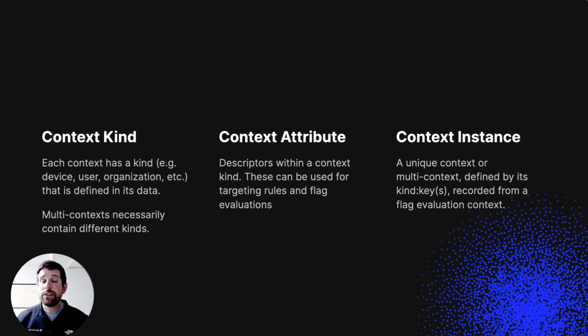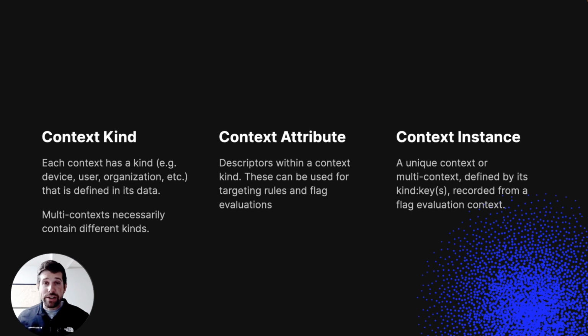The difference between this and our previous user objects is that we can have what's called a multi-kind context. And what that means is that I could have things like organization, device type, and user all associated with the same key, but they all have different attributes and they're all connected together. Whereas previously those would be 3 individual user objects that I'd have to create some custom rules in order to make sure that I can do whatever logic that I want.